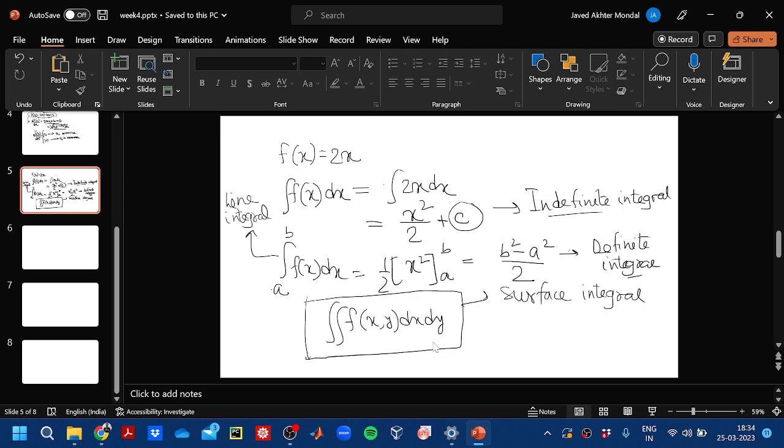We use surface integrals in many cases, like suppose we have a circular disc and we want to calculate the area. In that case we have to integrate with respect to both r and theta. That is an example of a surface integral. There are also volume integrals, where we have three independent variables, three axes. All these line integrals, surface integrals, and volume integrals can be done in Mathematica easily.